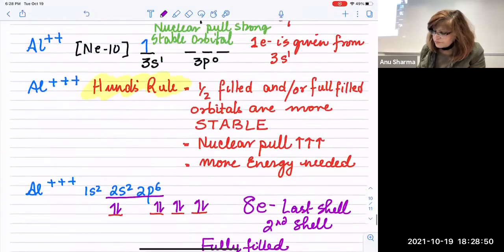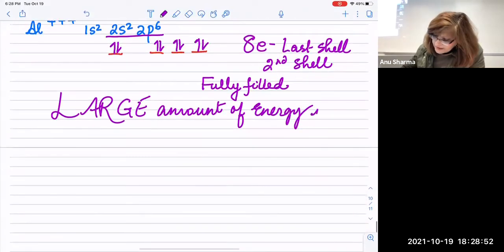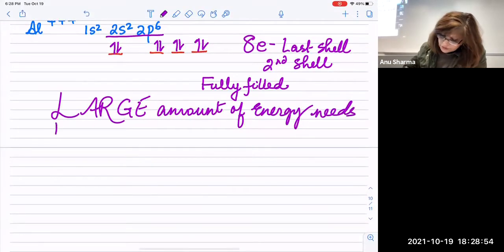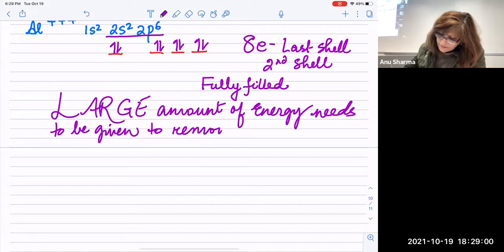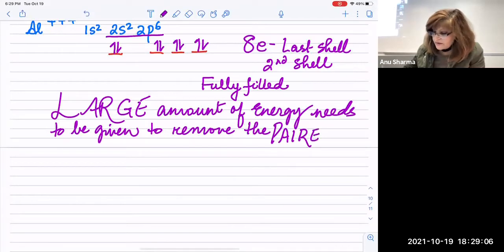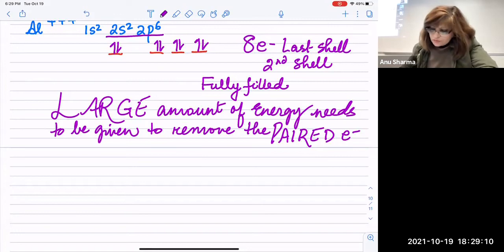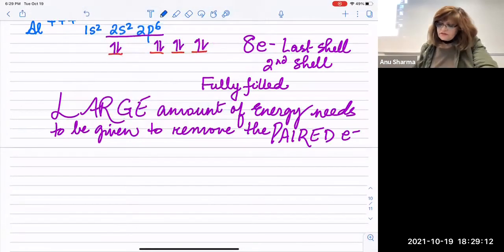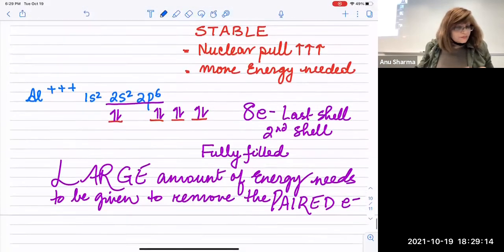So a large amount of energy needs to be given to remove the paired electrons. Anytime there is pairing, it's a challenge to remove that. I mean, you can, but so you see that. So this is one thing.